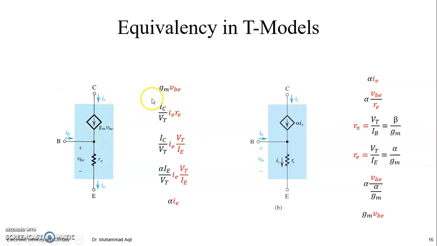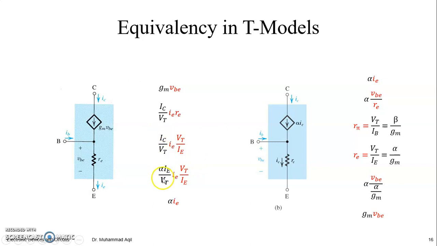So GMVBE, put it here, and then I can translate it to alpha IE by writing the basic relations: GM is IC by VT, and by Ohm's law VBE is equal to IERE, right? And RE is equal to VT by IE, right? And IC equals what?